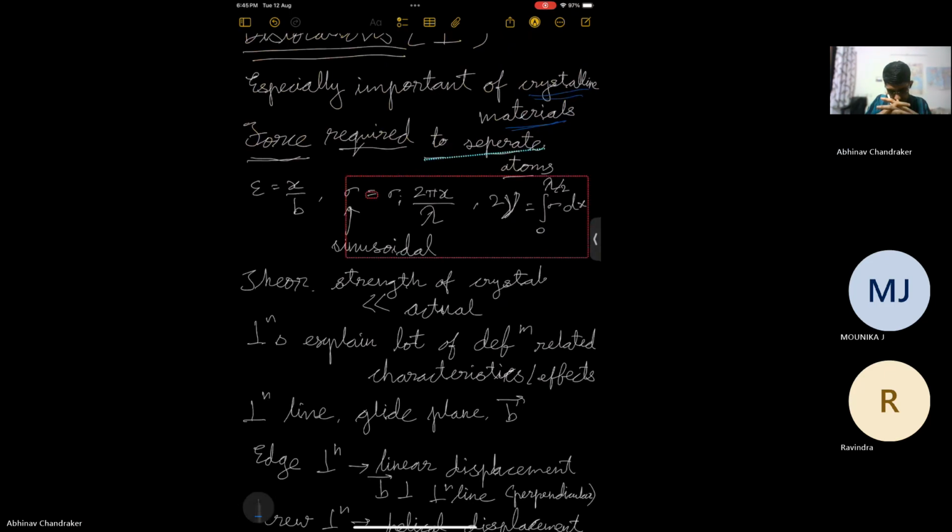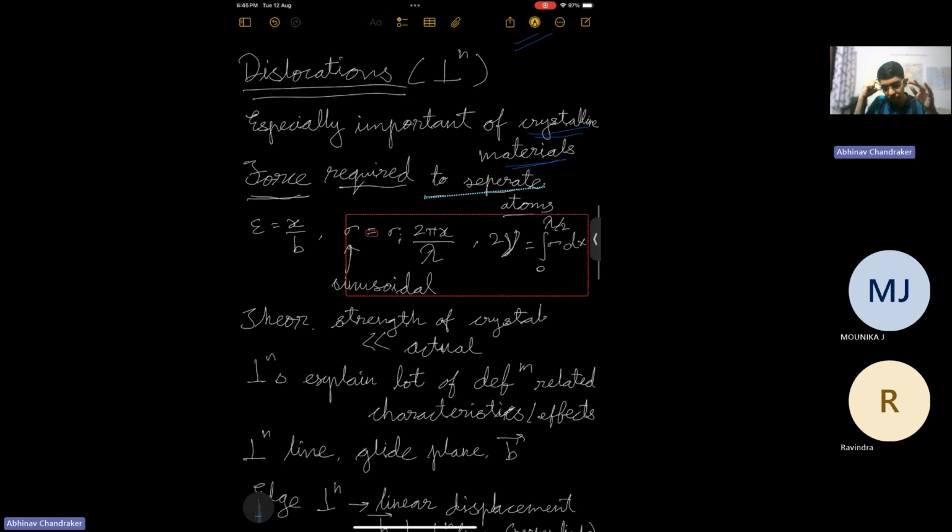For those who are from a metallurgy background, they might know a bit of it, but for those who are from outside, this might be completely new. Whenever there is some deformation occurring in crystalline material, it could be metals, of course, because metallic bonding makes it very easy for dislocations to occur.